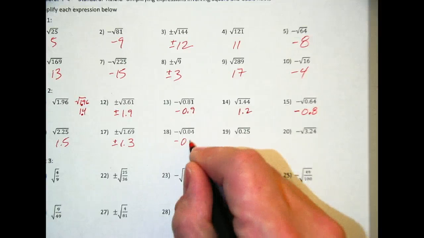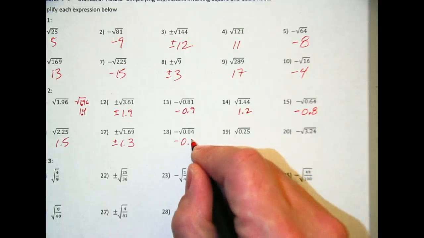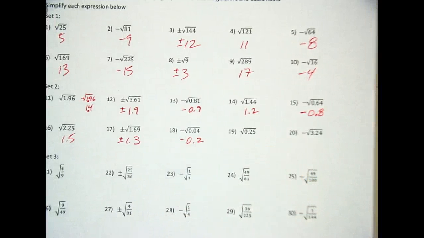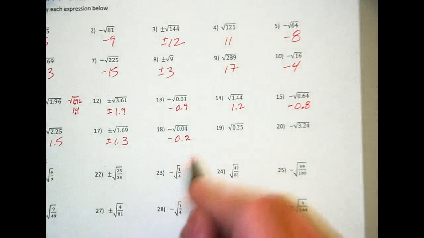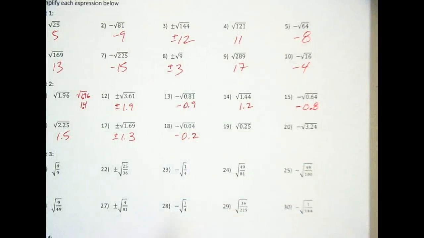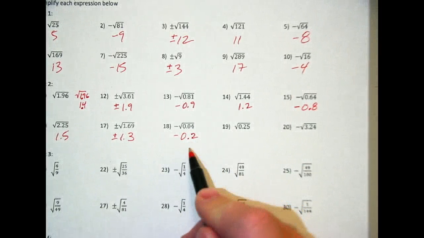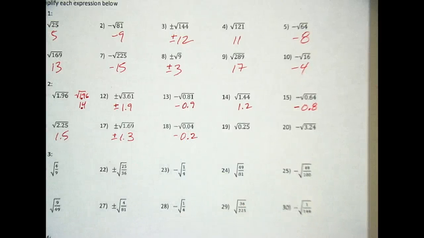I think it's just going to be 0.2. Or negative 0.2. Yeah. Okay, remember when we multiply a decimal by itself, you're going to have two numbers behind the decimal. So if I did 0.2 times 0.2, then I'd have our two numbers there.